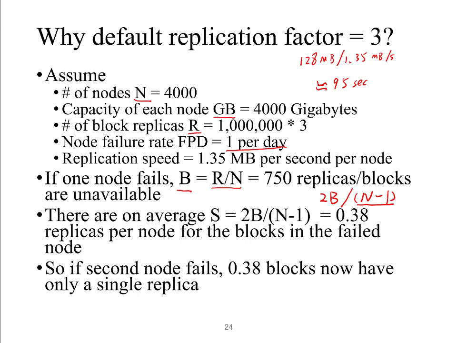That means there are on average S equals 2B divided by N minus 1, which equals 0.38 replicates per node for the blocks in the failed node. All right, so we're good here. So if the second node fails, then 0.38 blocks now have only one single replica.